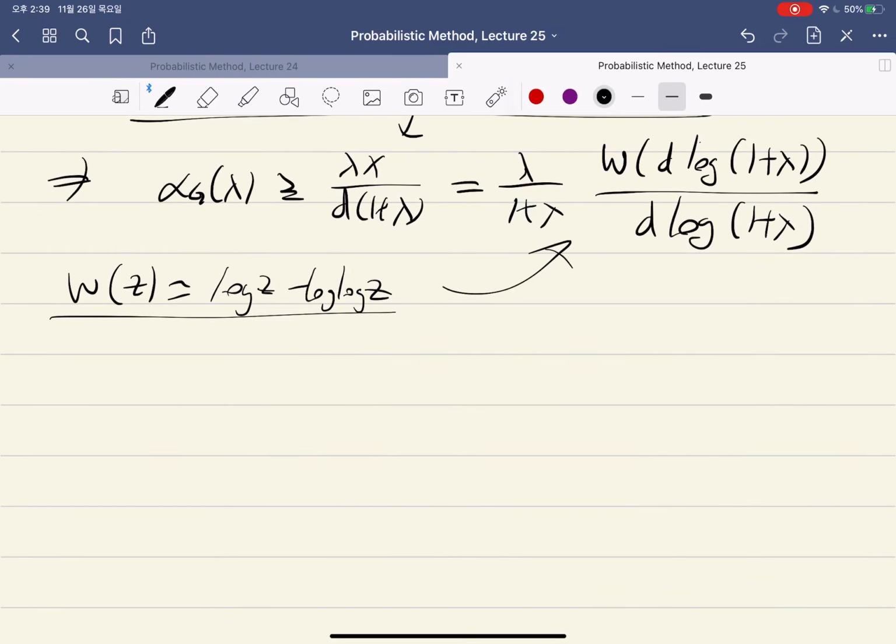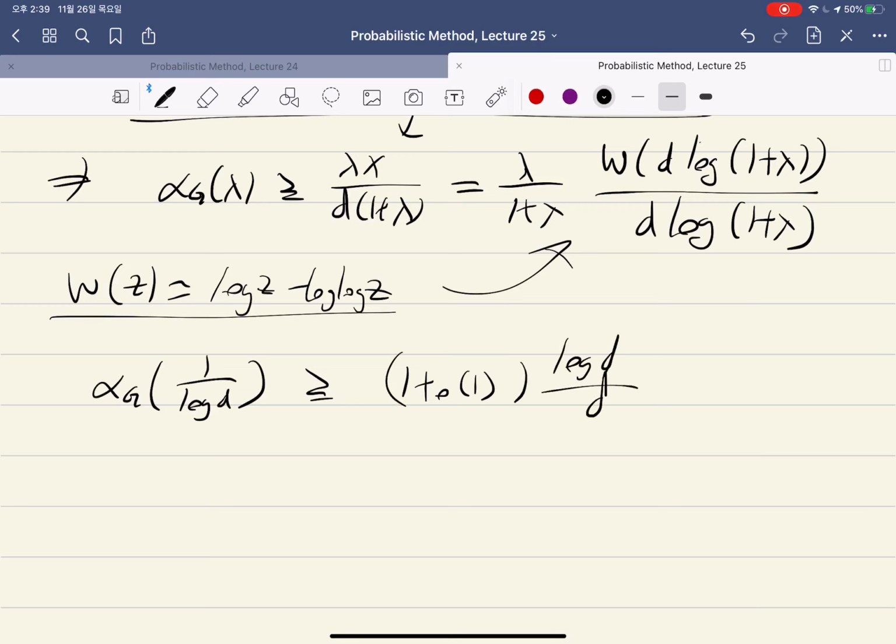So you use that and plug that in, then alpha of g lambda is at least 1 plus alpha of g and 1 over log d is at least 1 plus o(1) times log d over d. So you get this.